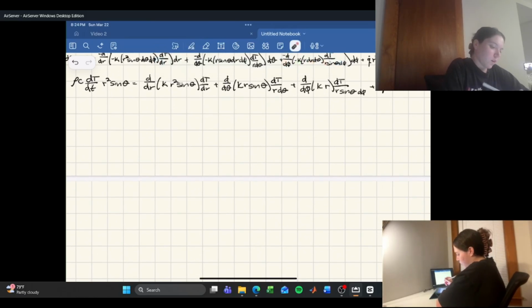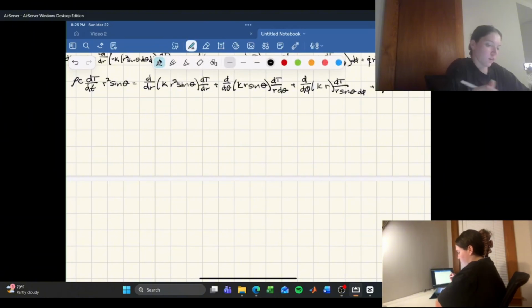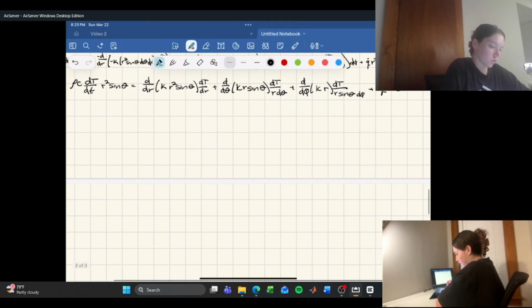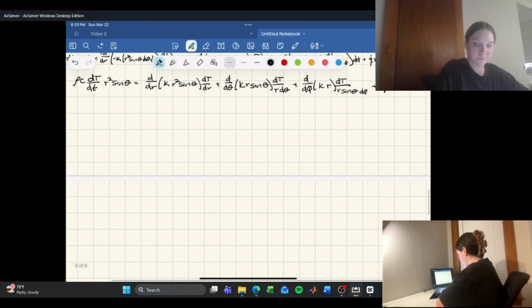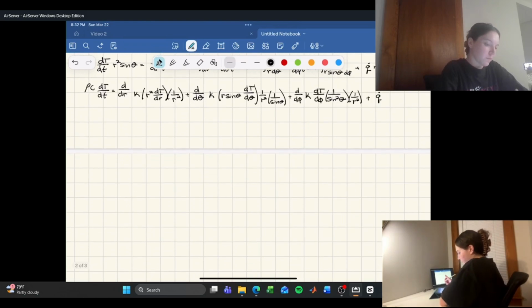And now I'm going to divide by this r squared sine theta. I'll cut the video again, but that's the only step I'm doing here to simplify it. And then this is the equation that we're left with.